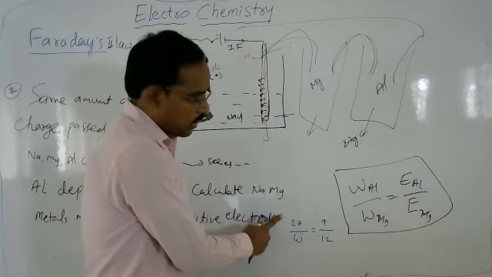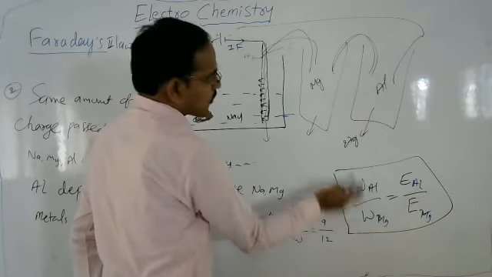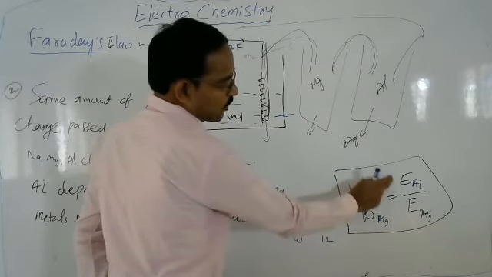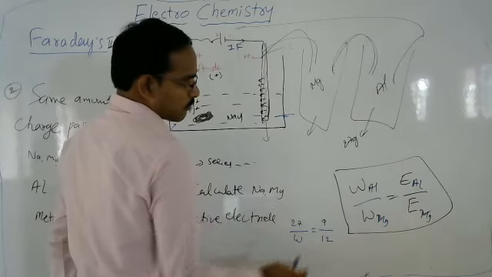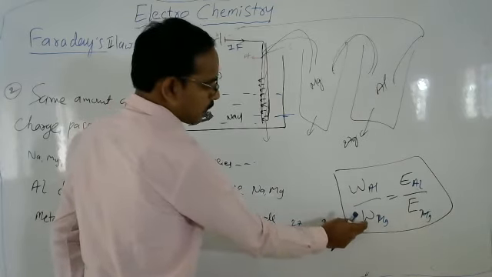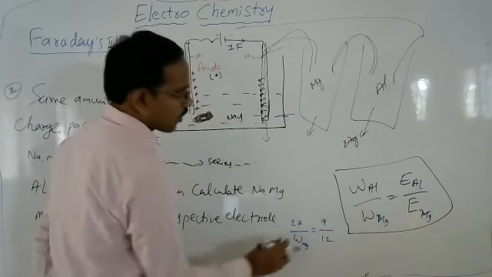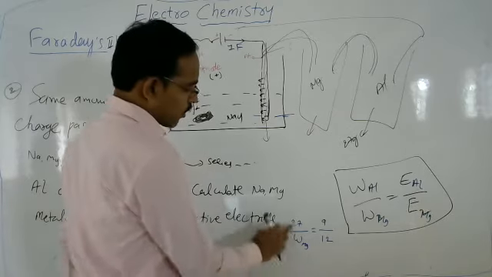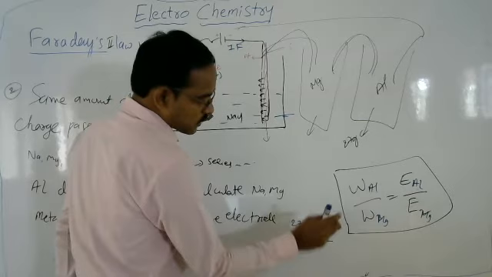Okay, what I am doing here, I am taking aluminum as 1 and magnesium as 2. So W1 by W2 equal to E1 by E2 formula. Now W aluminum upon W magnesium. W magnesium we don't know, that's what we are going to calculate. But equivalent mass we already know: aluminum equivalent mass 9, magnesium equivalent mass 12.